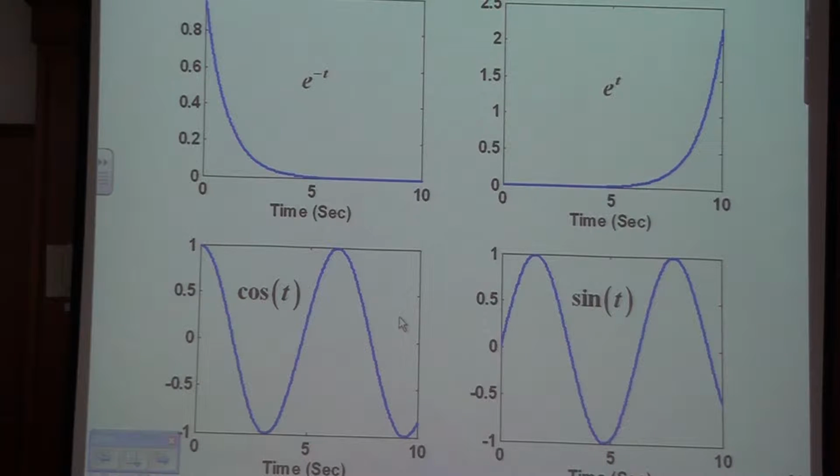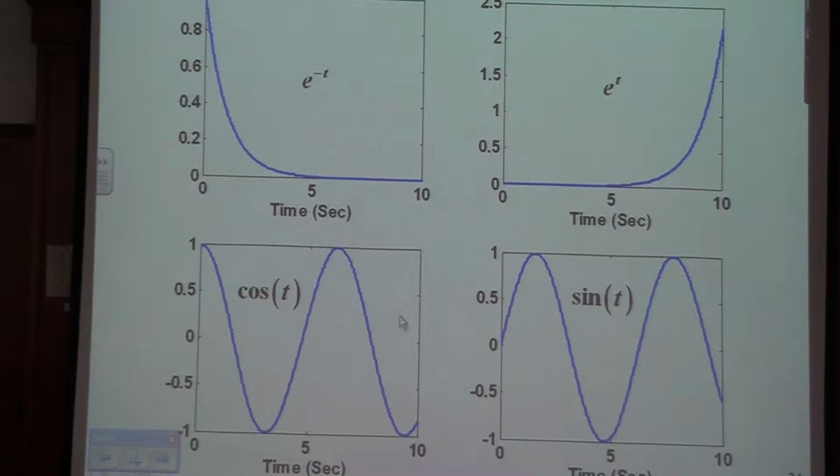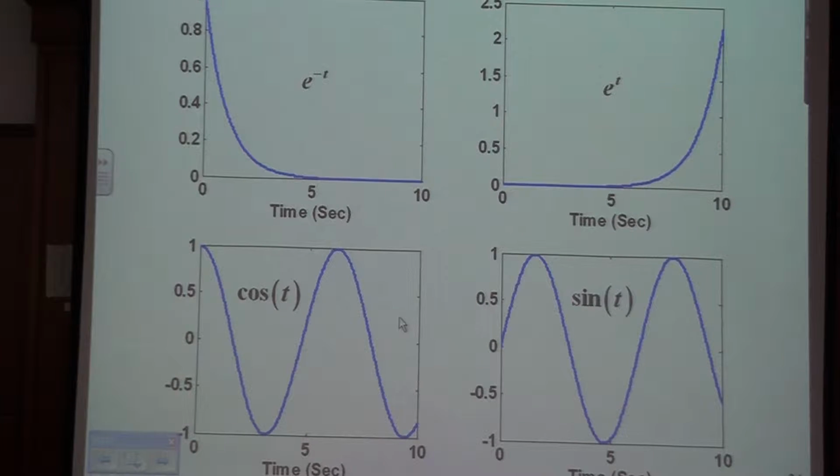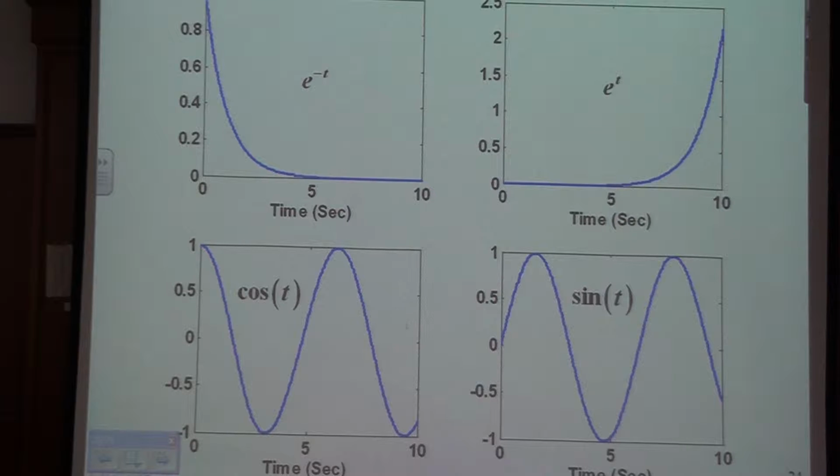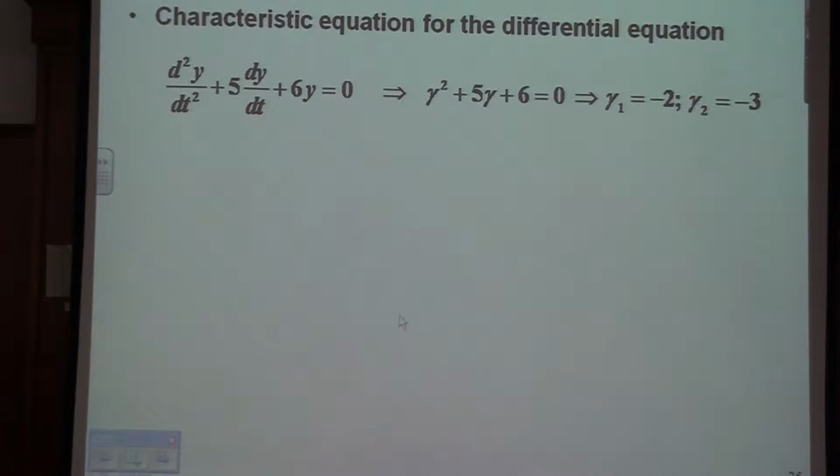Now you can see that of these four functions, e^t is the one that really gives us the real problem. The e^(-t), cosine t, and sine t don't give us any problem. So let's look at this.